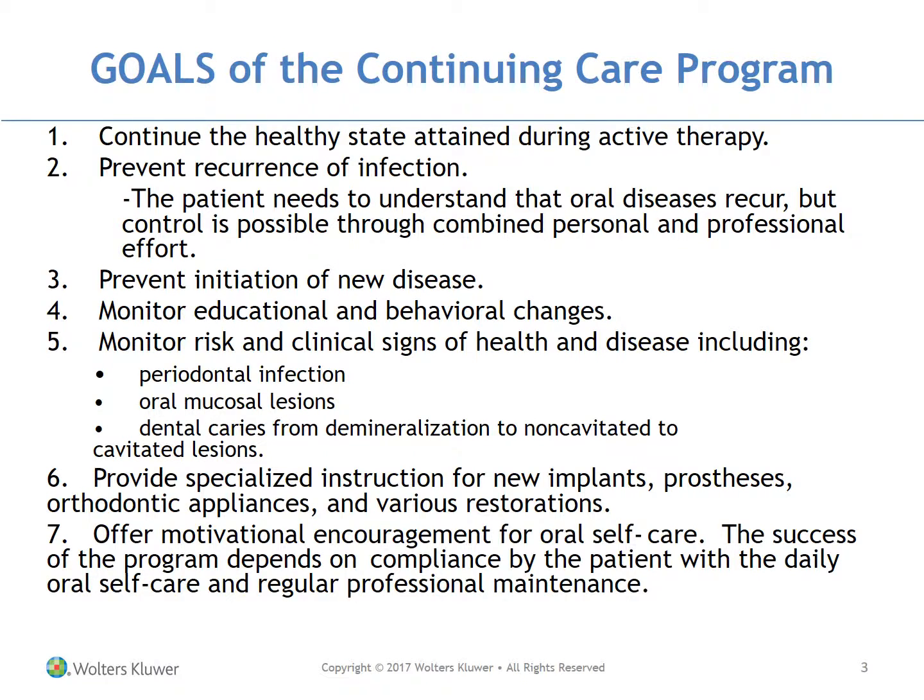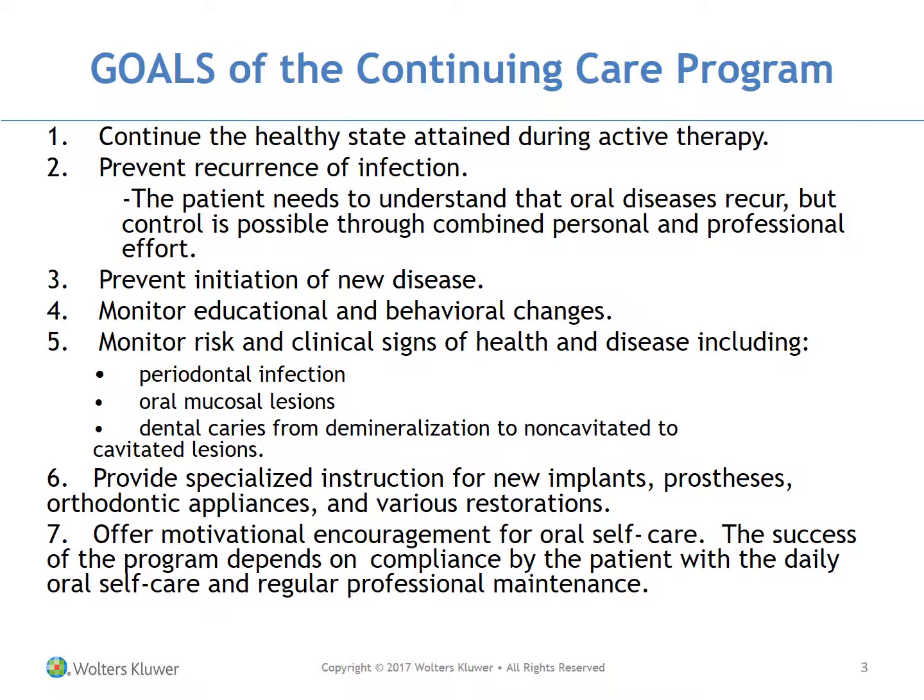So up to this point, we have completed our ADPIE, okay? We've done our evaluation. Now we need to set up some goals of the continuing care program. How are we going to maintain what we've done and what we've accomplished with our patient?